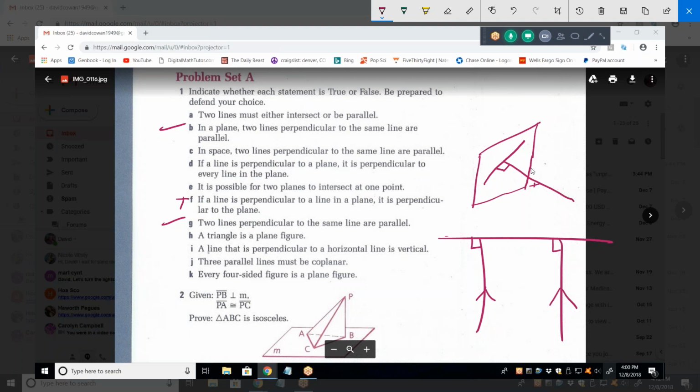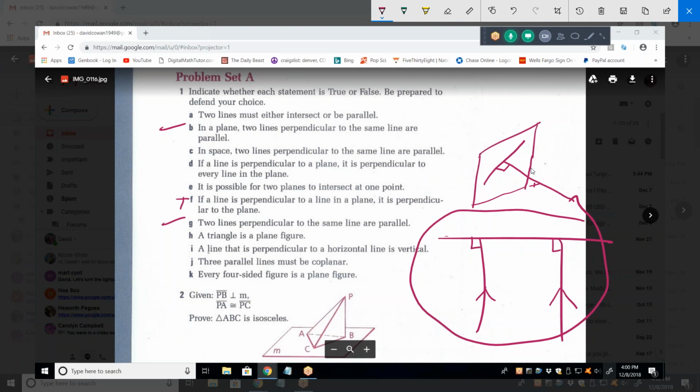It's true. So the question is, in G, are we restricted to one plane? If we're restricted to one plane, then that is the picture, and the answer is true. If we're restricted to multiple planes, that would be false.